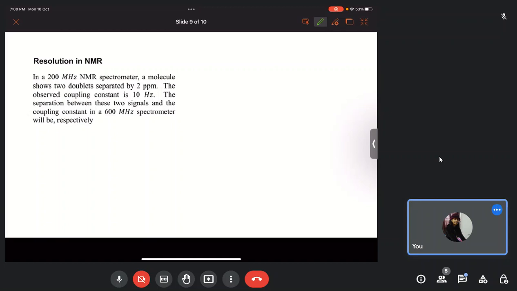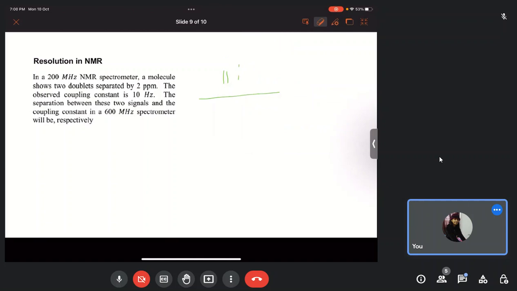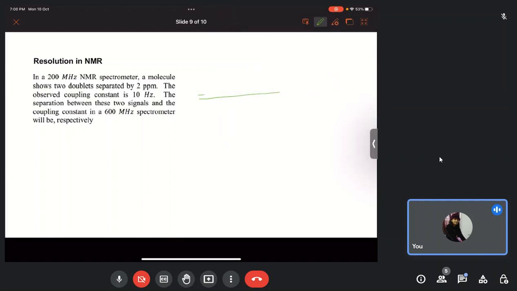In a 200 megahertz instrument, we observe a doublet around 2 ppm. This is at 2 ppm, and the coupling constant of this doublet is 10 hertz.